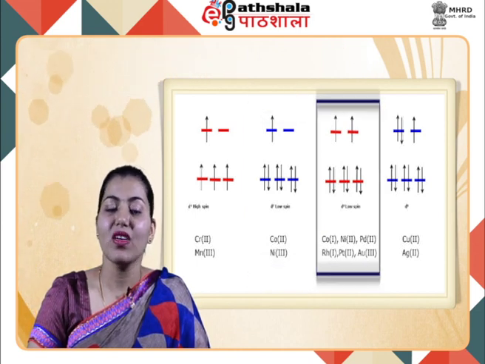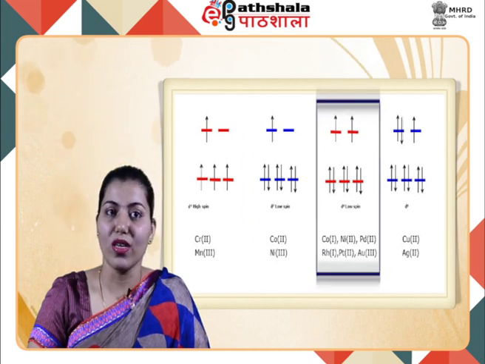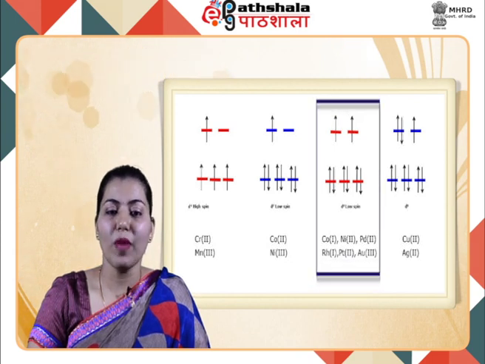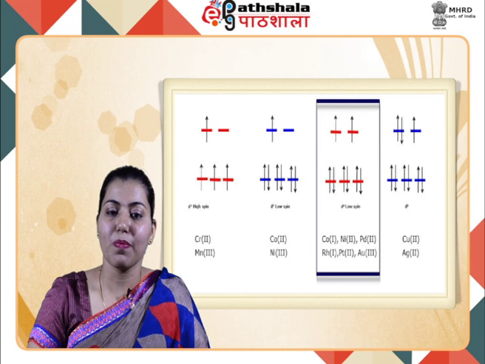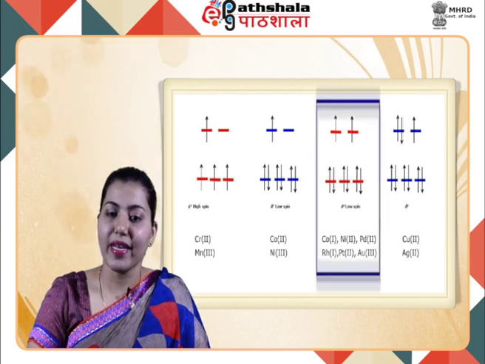Also, we have d8 low spin cases, which are there in cobalt 1+, nickel 2+, palladium 2+, rhodium 1+, platinum 2+, as well as gold 3+ complexes.